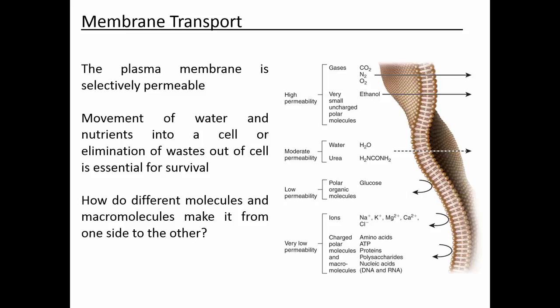In the case of the ones that have moderate, low or very low permeability, there are proteins embedded in the membrane that allow these molecules to get across, because on their own, they're not able to penetrate the phospholipid bilayer. One of the major determinants of whether the molecule can pass through very easily, or not at all, is how soluble the substance is in the hydrophobic core.